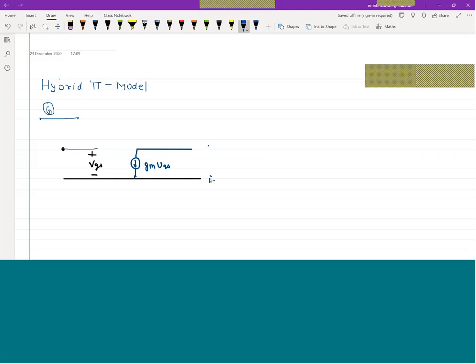This is the source terminal, this is the drain terminal, and this is the gate terminal. Likewise, this model is known as the hybrid pi model.